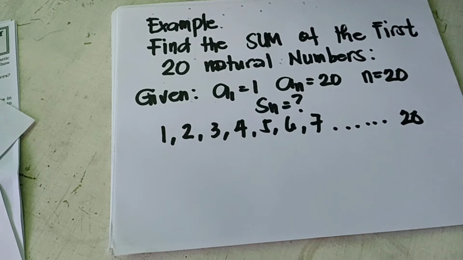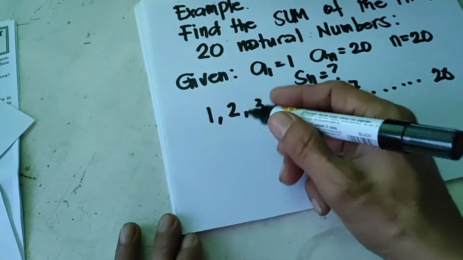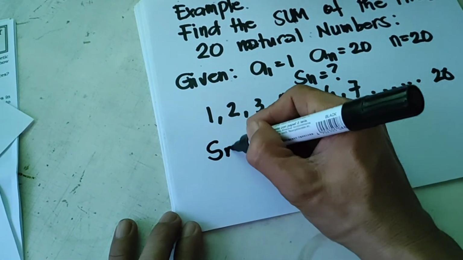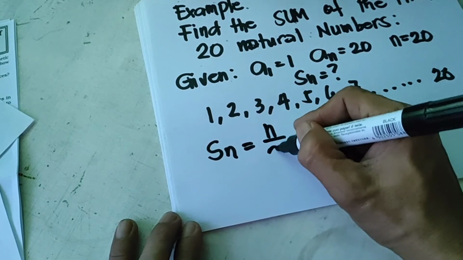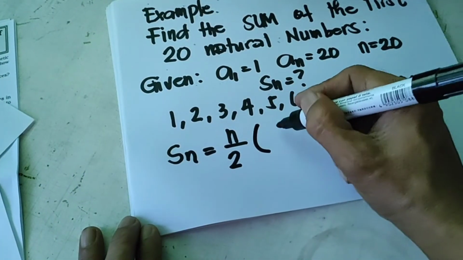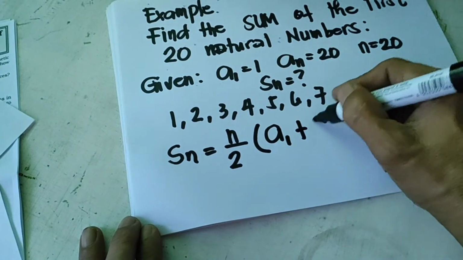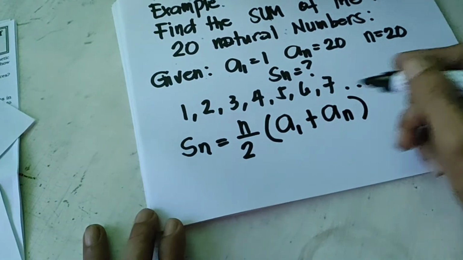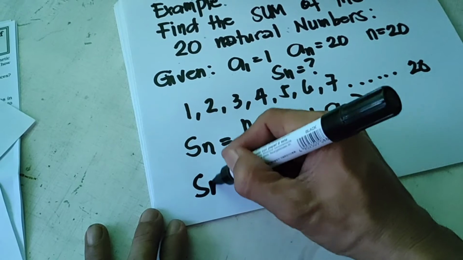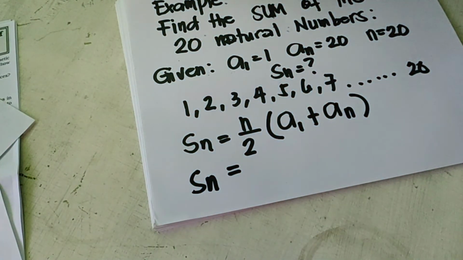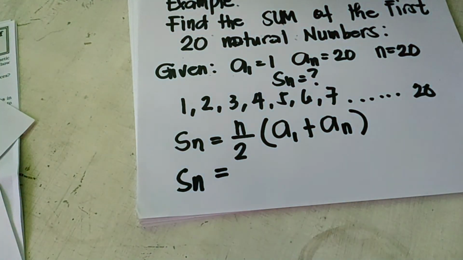So, ang kukunin natin dito, kung ano yung magiging total for this 20 numbers na pinapasolve sa atin for this example. Okay, using the formula, that is Sn is equal to n over 2 multiplied by a sub 1 plus an, so we're looking for the total number of this arithmetic sequence na given dito sa inyong example.